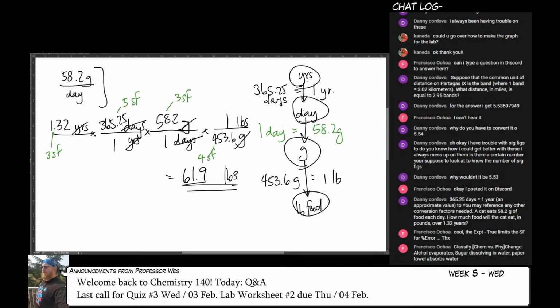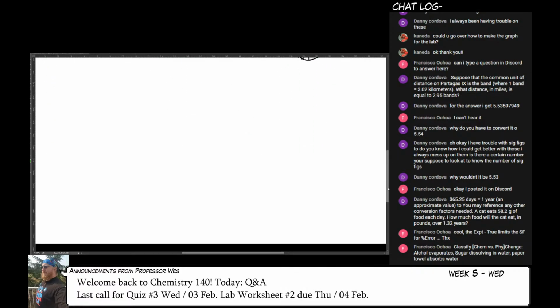For each of those things, you need to tell me, does the substance change its chemical formula or not? For alcohol evaporating, you're turning something from a liquid into a gas, and so that's a phase change. And phase changes are always physical.